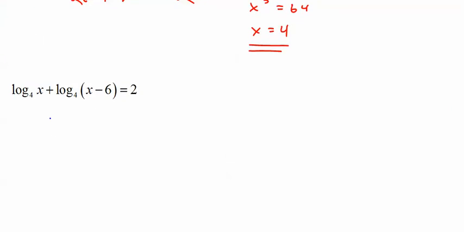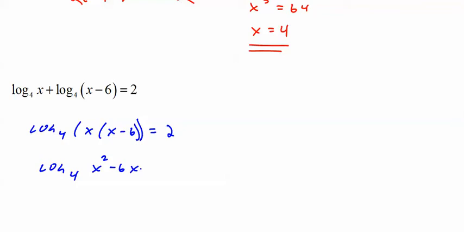Adding them so we can multiply. Log base 4 of x times x minus 6 equals 2. Whoa, where's that log base 4 on the other side? I'm stuck with this. X squared minus 6x. Well, this is where we go back to BOI.